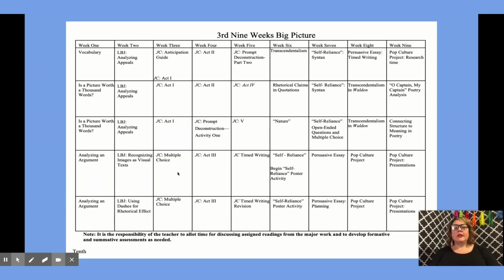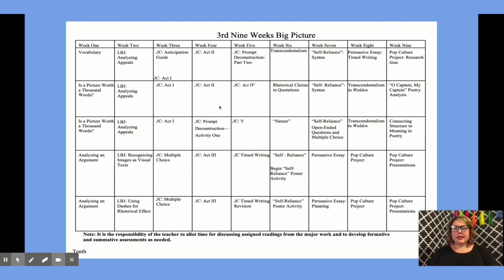But again, as you are working through the big picture, it's very imperative for you to think about how these big questions and these big ideas lend themselves to each of the texts in order to make this progression relevant to students.